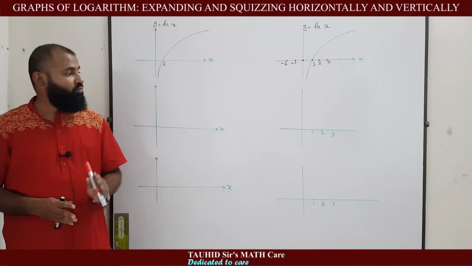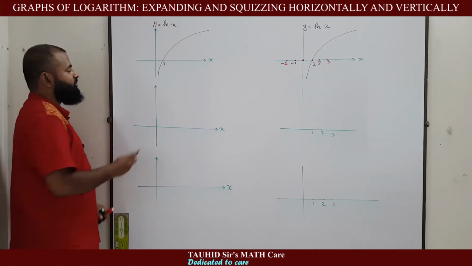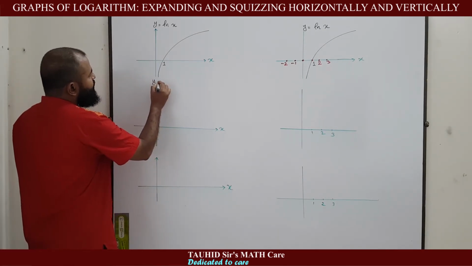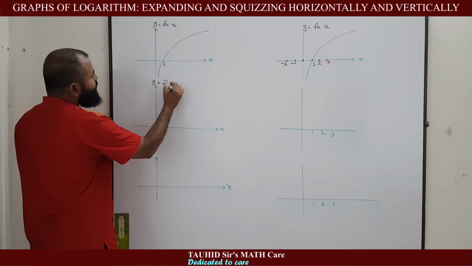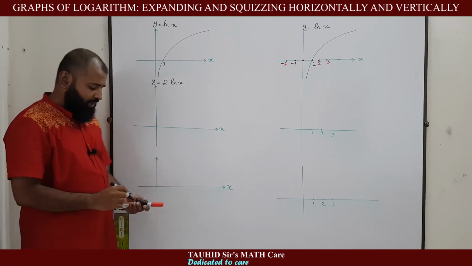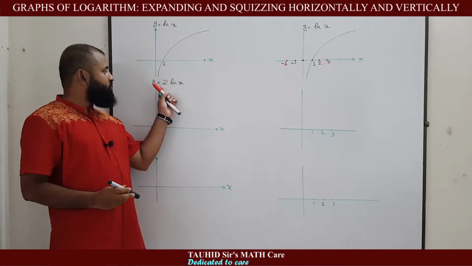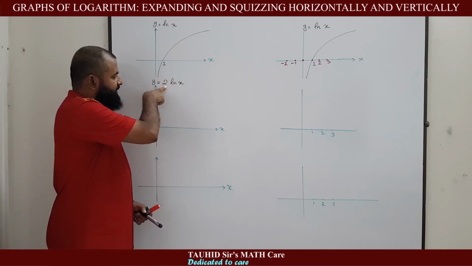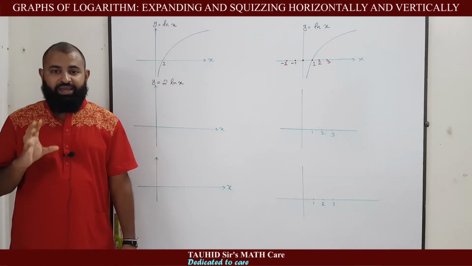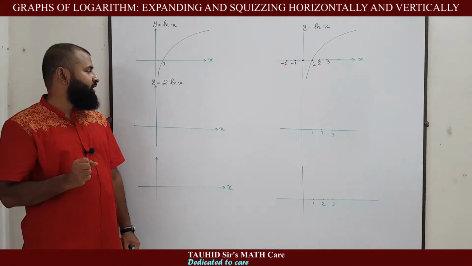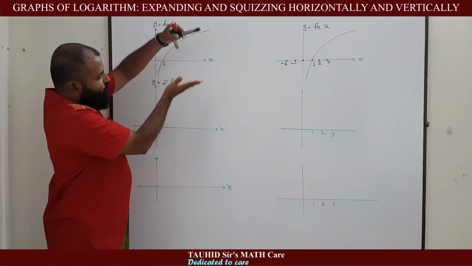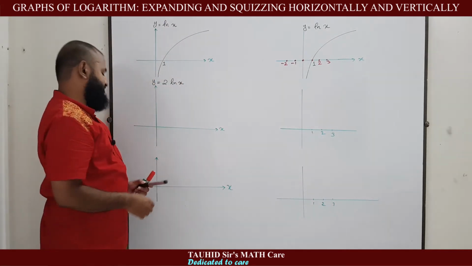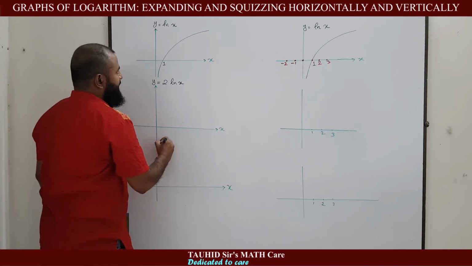Now we will learn 4 more changes. For example, now we will learn y equal to 2 ln x. What is the impact of this 2 here? When something is multiplied with the whole function, then the function will spread along the y-axis. It will look like this.